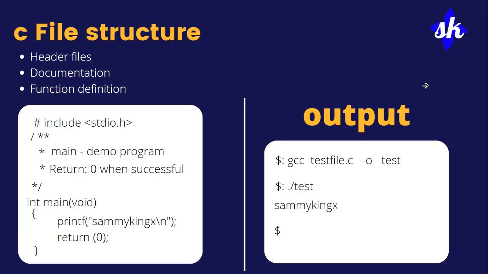So here, #include <stdio.h> is my header file. I'm saying include the standard input and output header library in my code. Why am I saying it should include? Because I'm going to be using a function which is defined in that library. That's the reason why you have to include it.